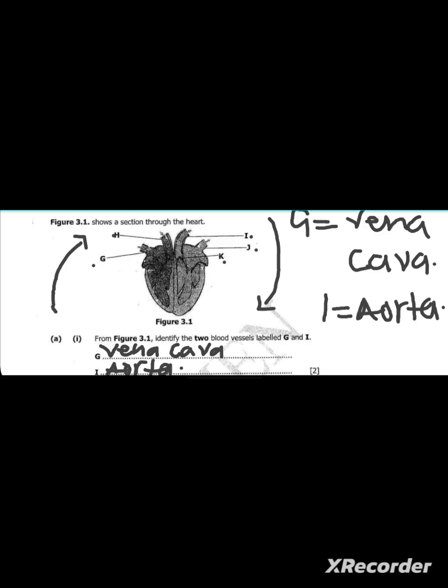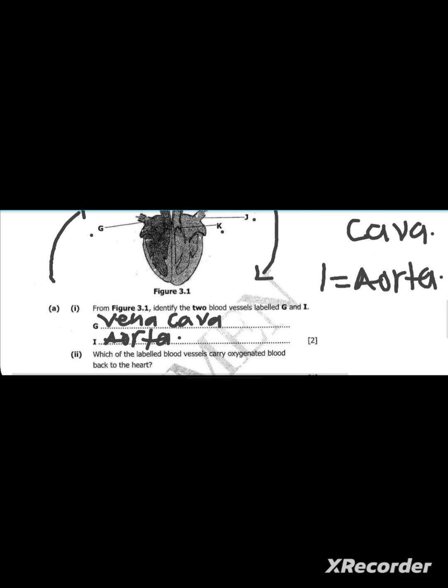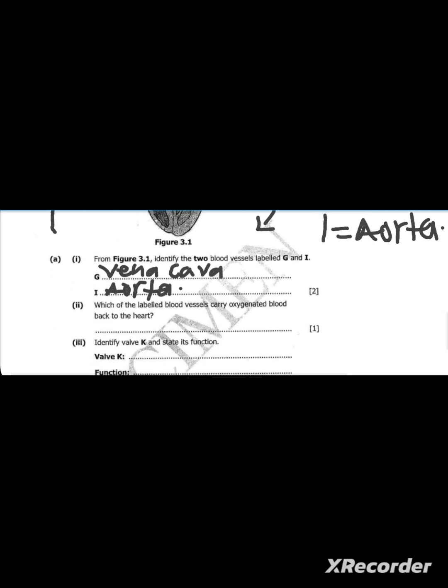So J is the pulmonary vein. We've discussed this one, we're just repeating. So it is J.